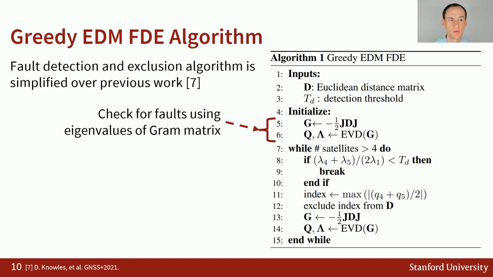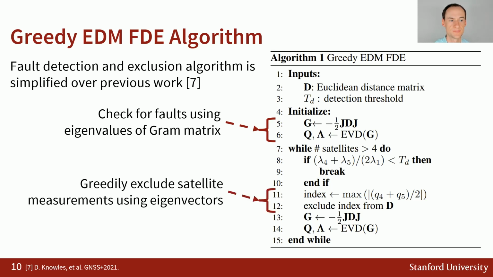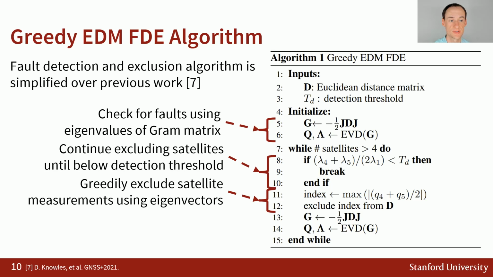So the first thing that we do in this algorithm is we check for faults using the eigenvalues, doing eigenvalue decomposition of this Gram matrix. Then we greedily exclude satellite measurements using those eigenvectors. And then we continue in this loop until our detection statistic falls below our given threshold.